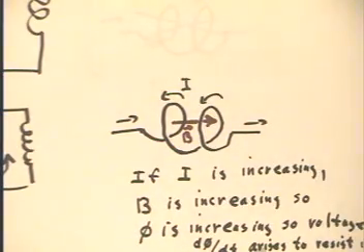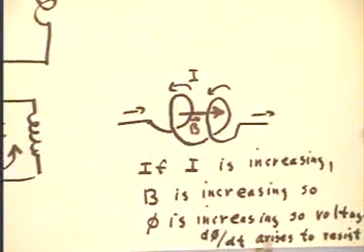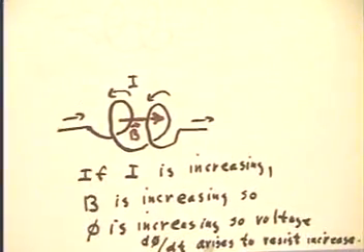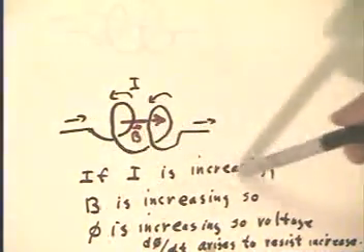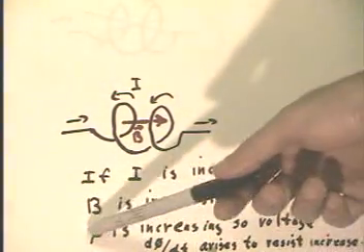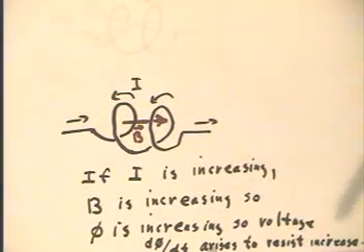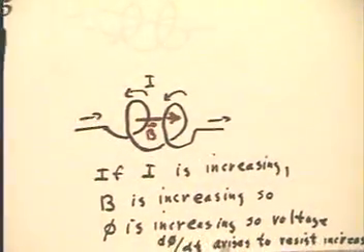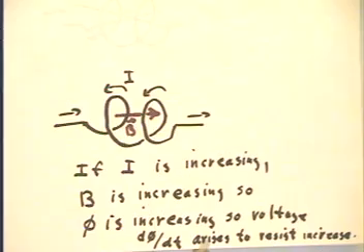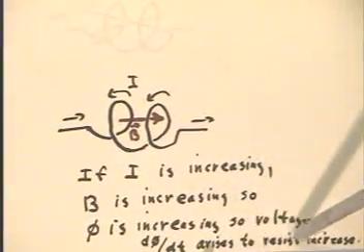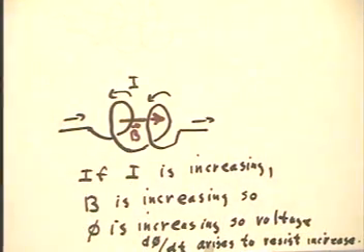Now what do we know about flux changing in a coil? Well, we know that there's a voltage that's equal to the rate of flux change. So if I is increasing, then the magnetic field is increasing, so the magnetic flux phi is increasing. From that it follows that the voltage, which is just your d phi over dt, your change of flux over your change in time, has to rise, and that voltage, it turns out, resists the increase.